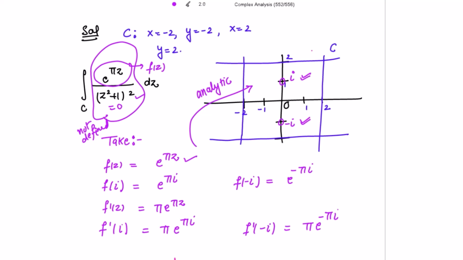So let's write this. Okay, before writing this I need to make the partial fractions for 1 divided by (z square plus 1) whole square, right? So before evaluating the integral we need the partial fractions for (z square plus 1) whole square. So that is equal to 1 divided by, how can I write this?